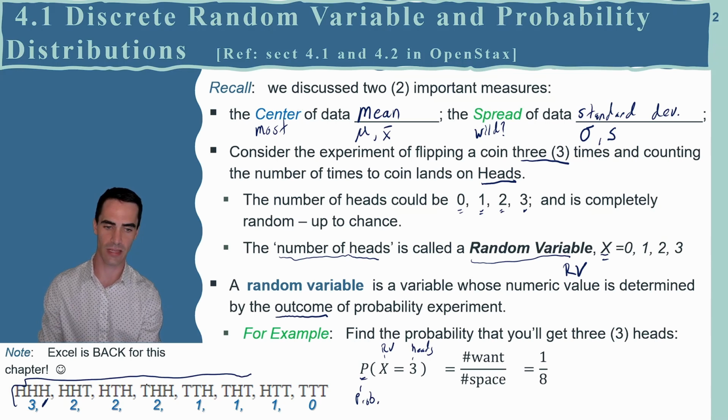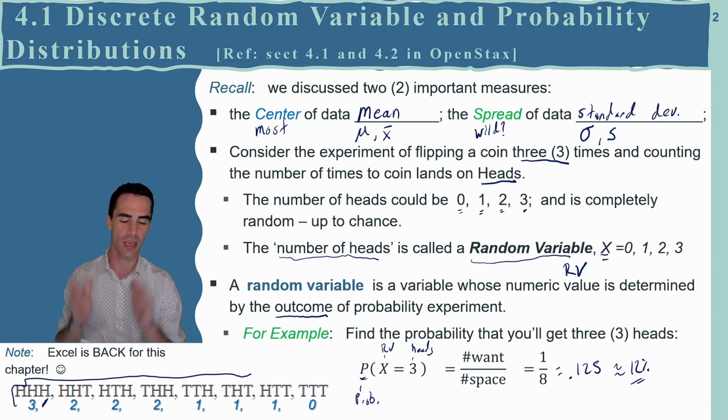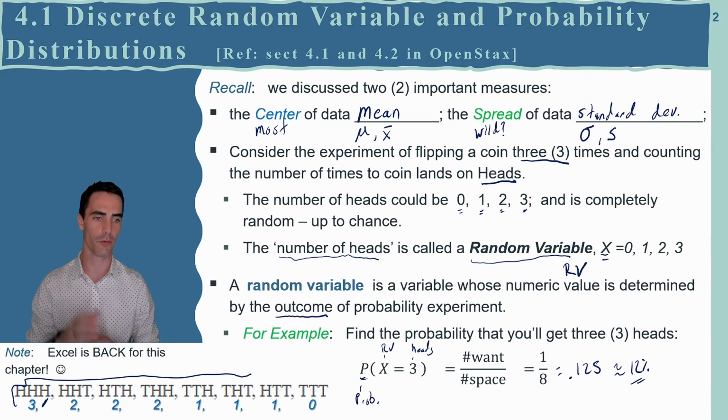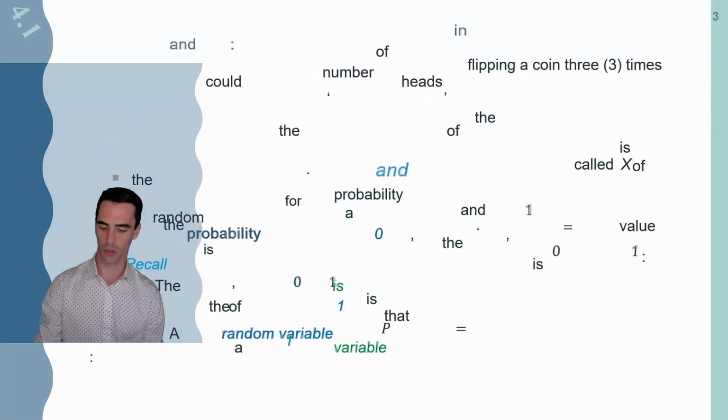It's right here, all 3 heads. So 1 that I want divided by 8. As a decimal, that'll be 0.125, or you could think about this as a 13% chance that success will occur. And so we want to clean up probability by referring to these random variables. My little example here is all heads. So let's see what these distributions can do and ultimately what they will look like.